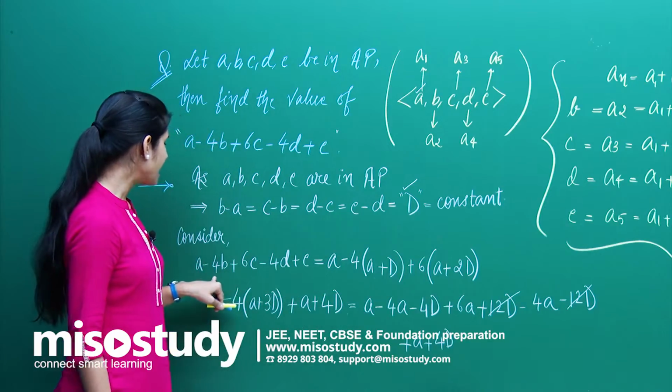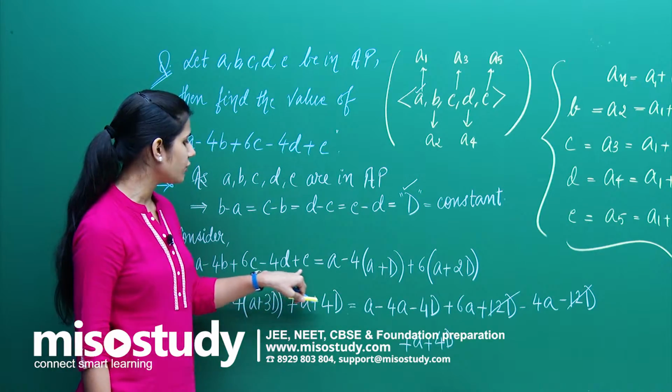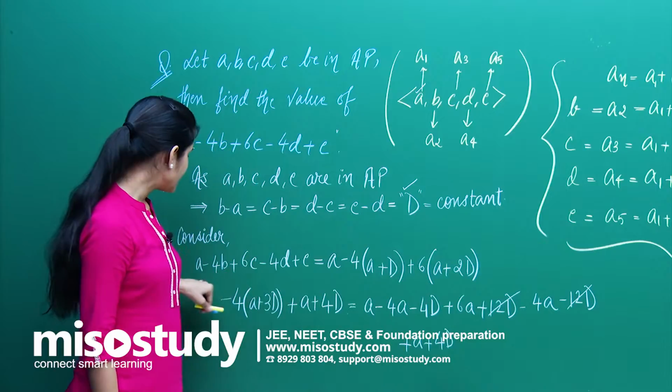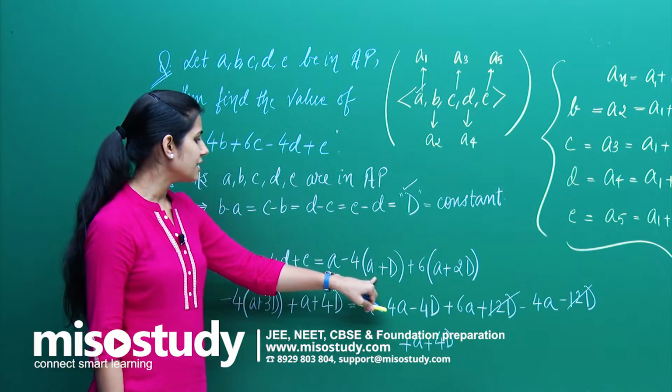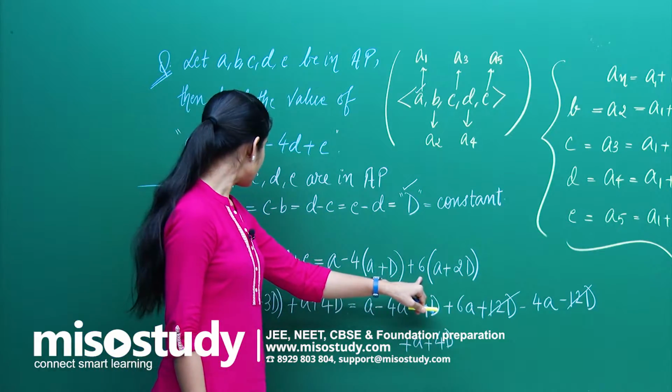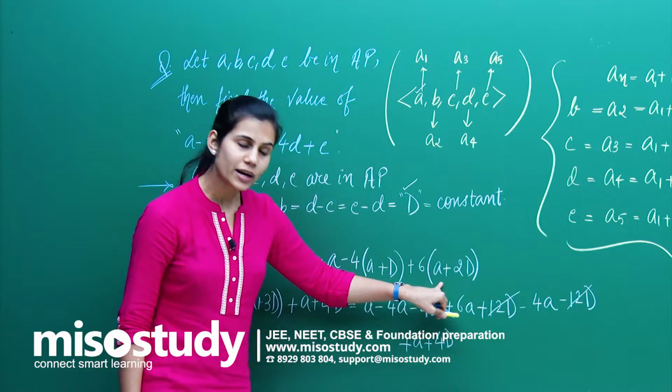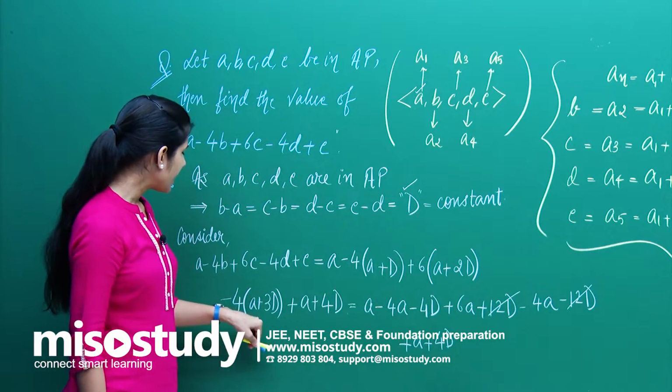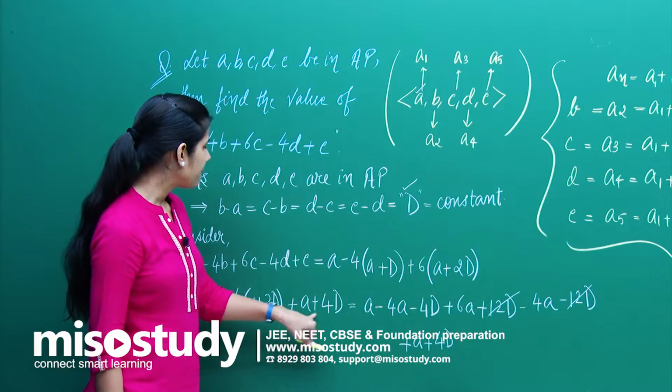So let's see what we have written. We have a minus 4b plus 6c minus 4d plus e. We wrote a as it is, minus 4, b was written as a plus d, plus 6 times c was written as a plus twice of d, minus 4 times a plus thrice of d, plus a plus 4 times d.